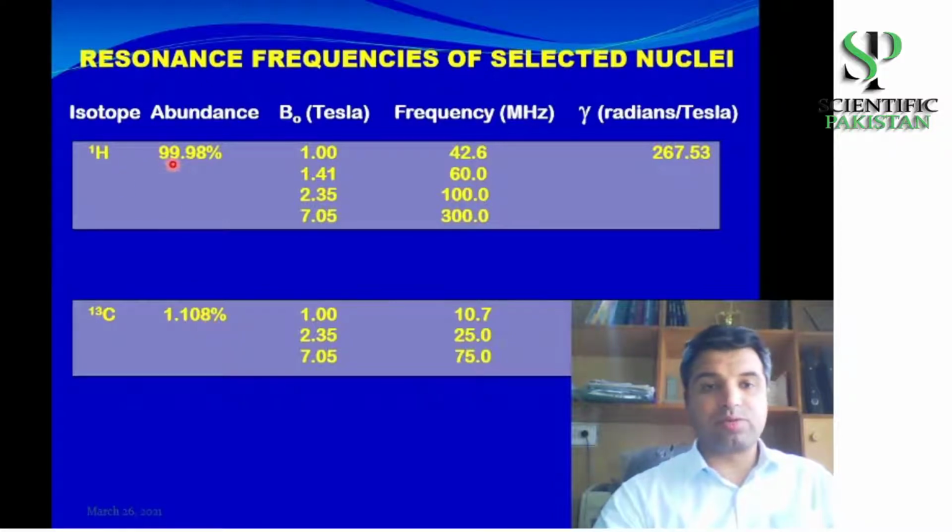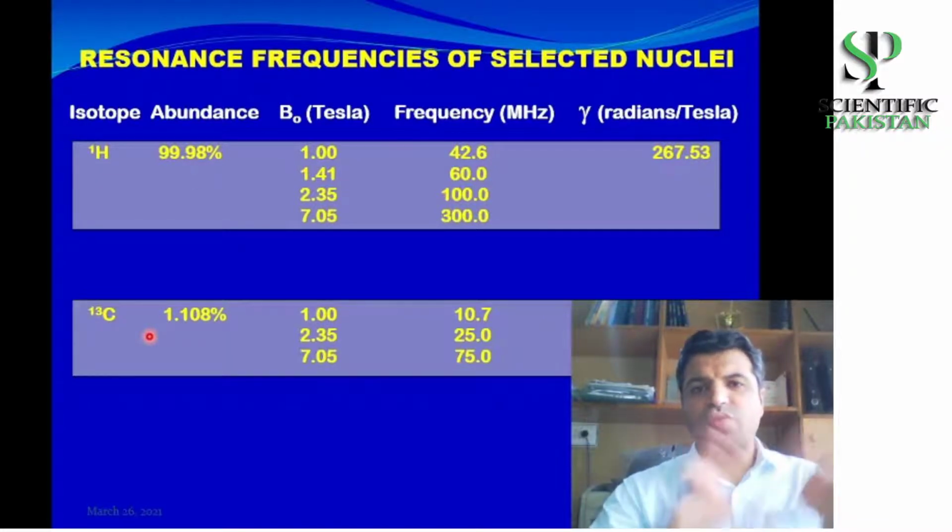So you already know that protium is about 99.9% in nature, deuterium is 0.1%, and tritium, which is radioactive, is in even lesser abundance. Carbon-13 again is 1%, carbon-12 is almost 99%. So this means that it is easier to find a proton in a molecule than to find a carbon-13.